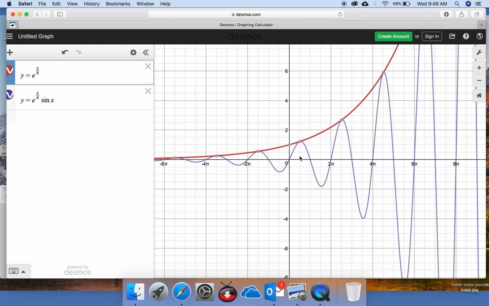But every time we hit a pi over 2 value, notice at pi over 2, when we plug pi over 2 in for x, we have pi over 2 over 8. So what's that simplify? Pi over 16. And then we would have sine of pi over 2, which is 1. So our new value is not 1, but it's e to the pi over 16.